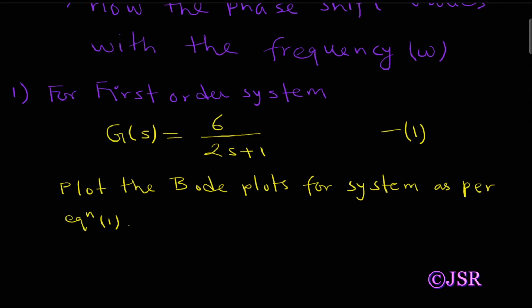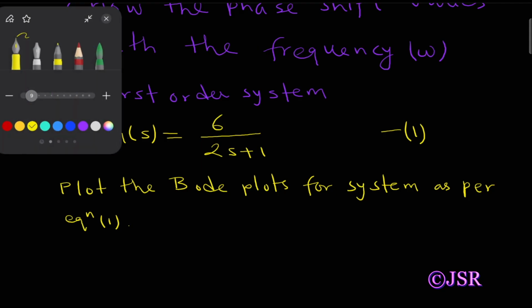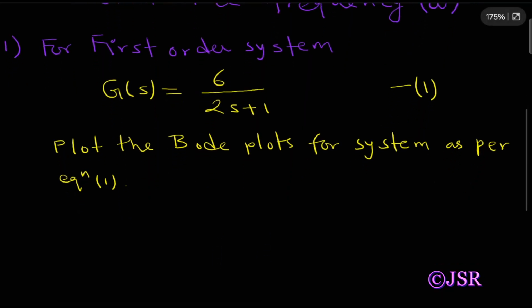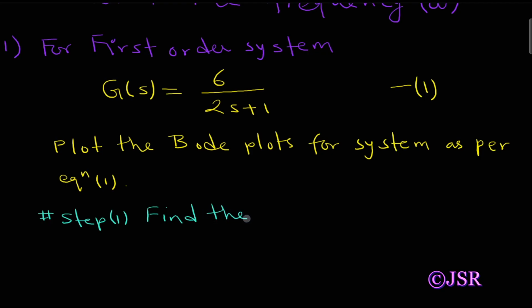So to plot the Bode diagram, first we have to find out the amplitude ratio. So step 1, find the expression for amplitude ratio as a function of omega and phase shift phi as a function of omega.